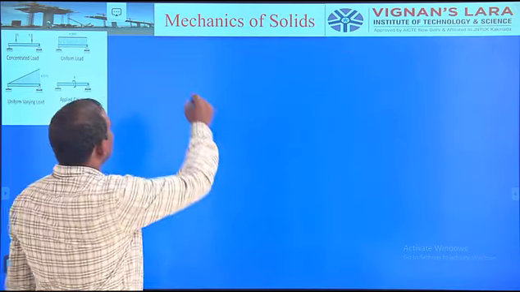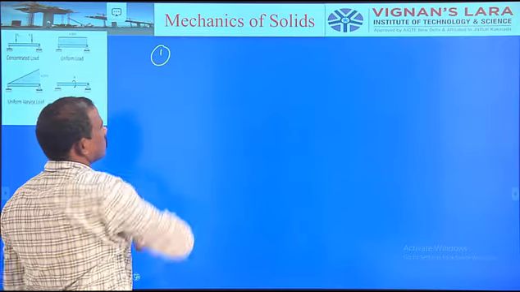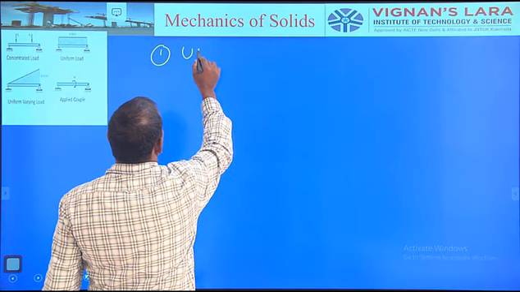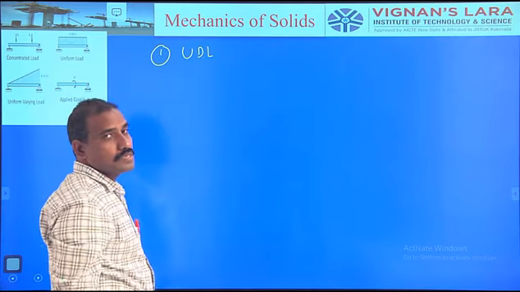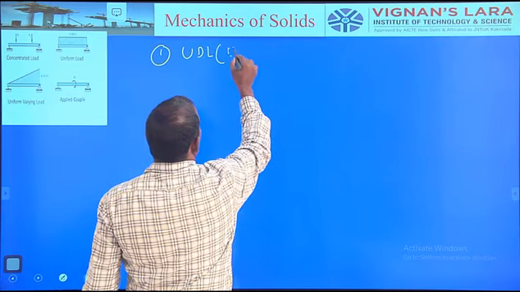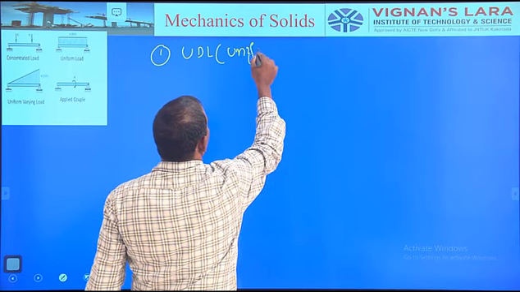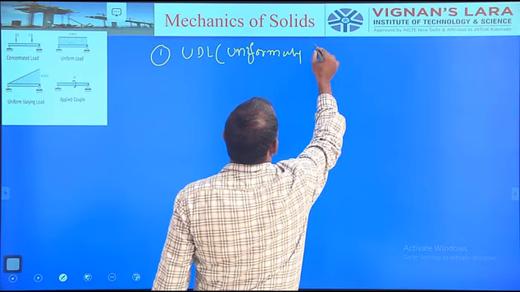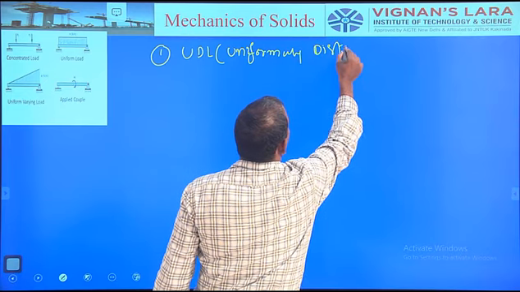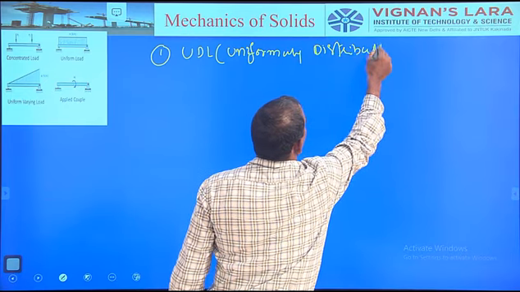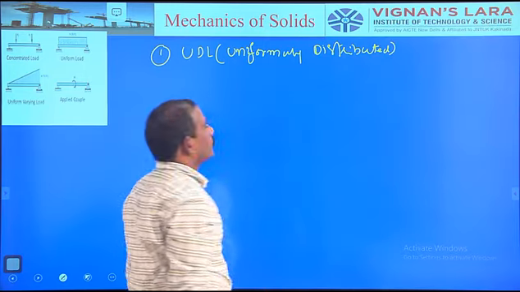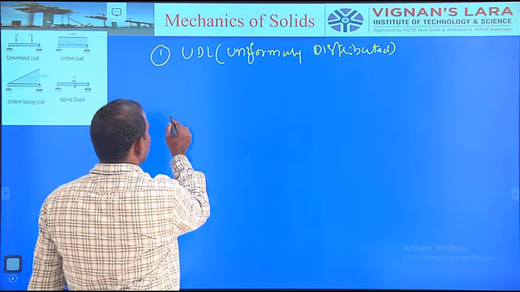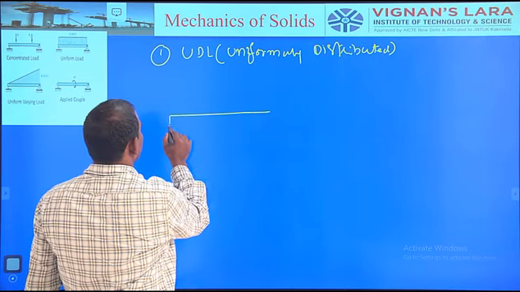First, take the uniformly distributed load, simply represented as UDL, that is uniformly distributed load. Graphically it may be represented as shown in the figure. For example, this is a simply supported beam.